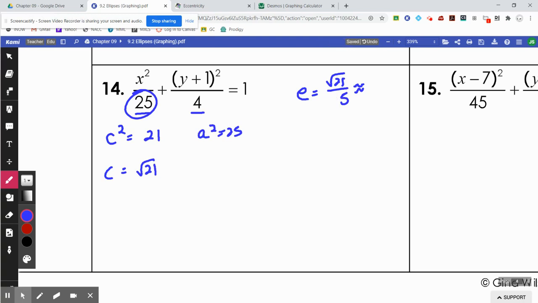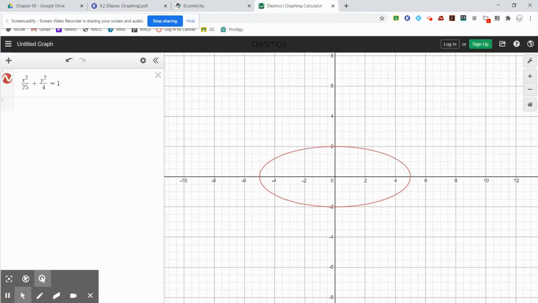So that gives you an eccentricity of somewhere around 0.92. Now that should be an extremely stretched ellipse. And there is the graph, and you see it's a very elongated ellipse.